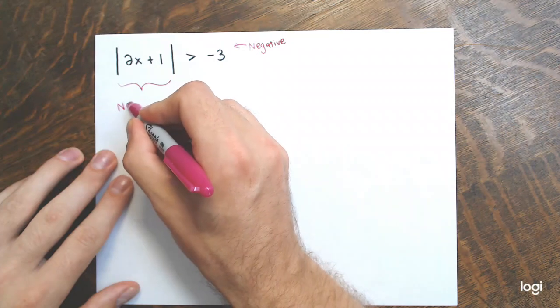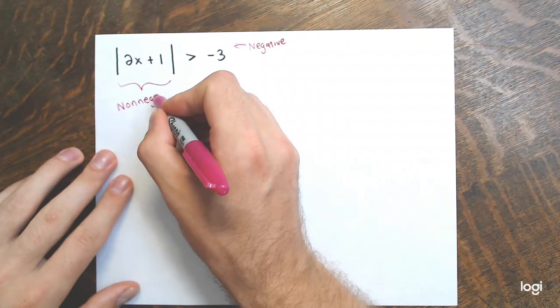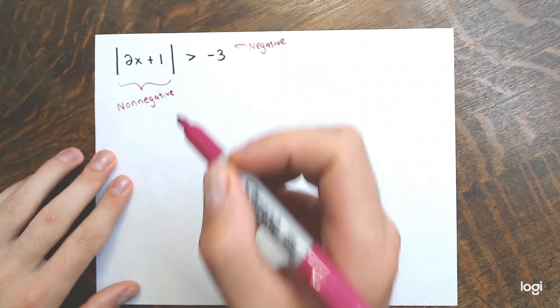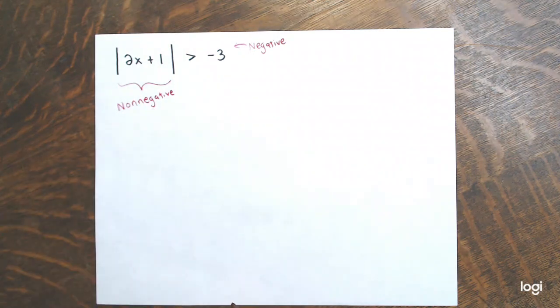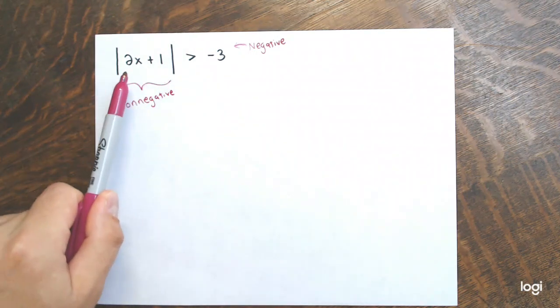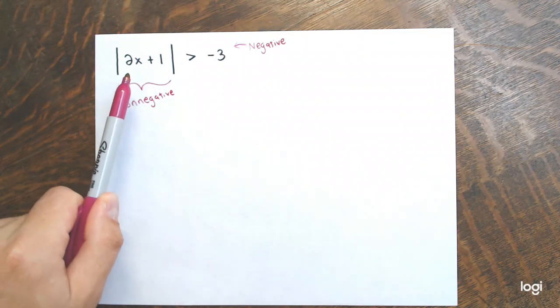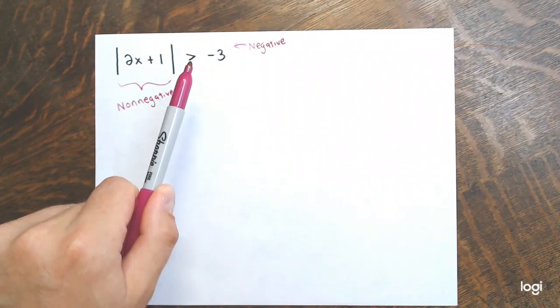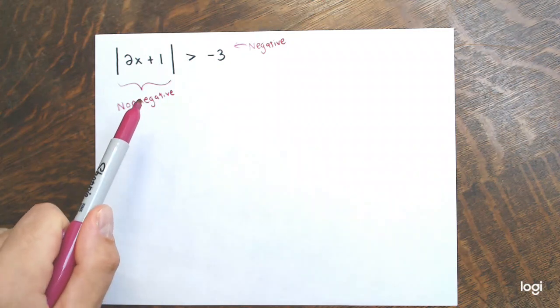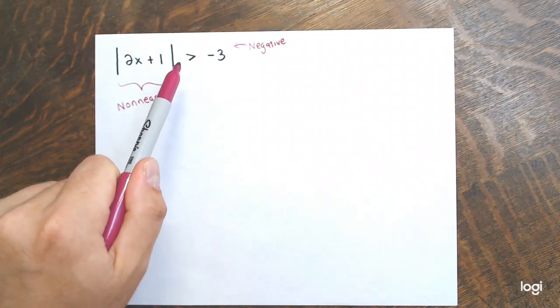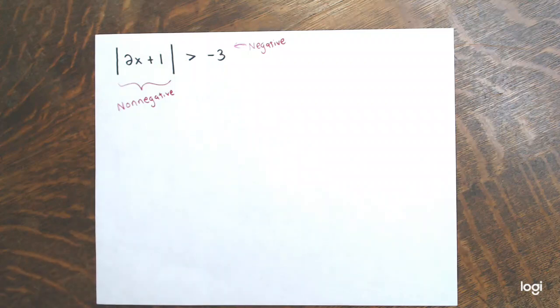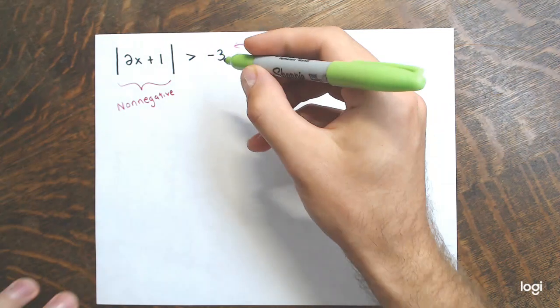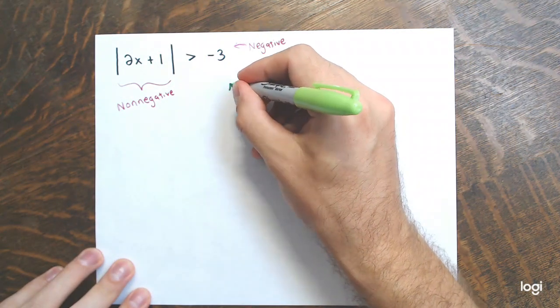So the left side is a non-negative number, the right side is a negative number, and we have is greater than. A non-negative number will always be greater than a negative number. So this inequality will always be true.